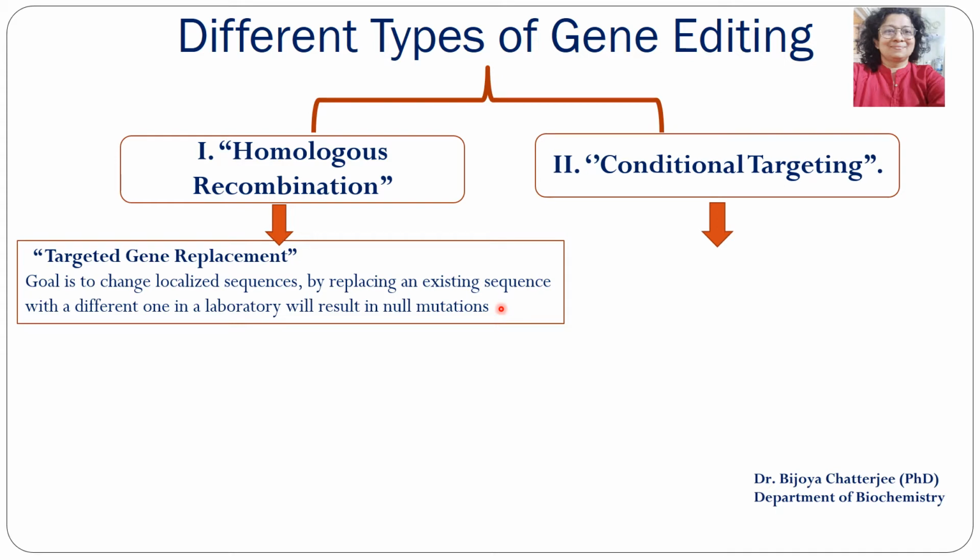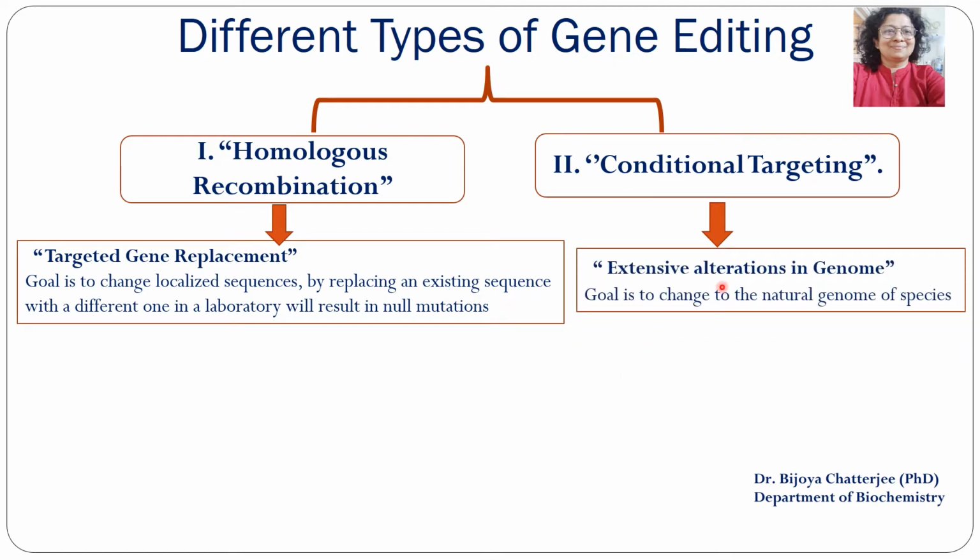So the targeted gene replacement is just the replacing of the existing sequence with a harmless homologous sequence.